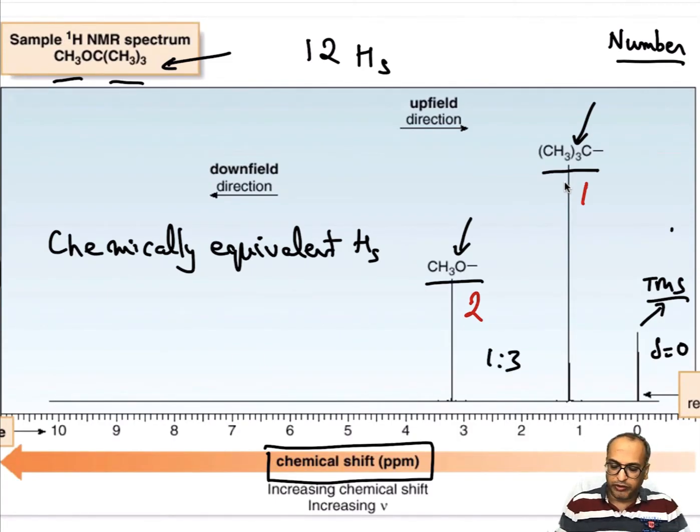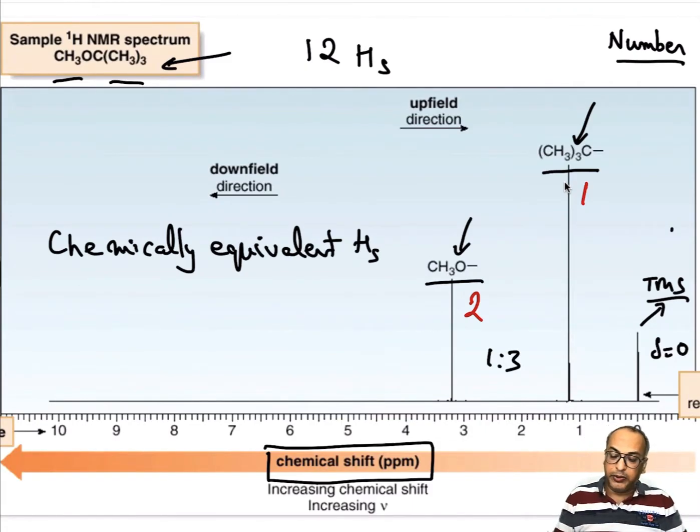Okay, so if you measure the area under the line 2 versus under the line 1, you will see that the integral ratio is 1:3. This is a very, very important feature because if you have a proper reference compound of known concentration, you can actually determine the absolute concentration of molecules present in your spectrum, right?